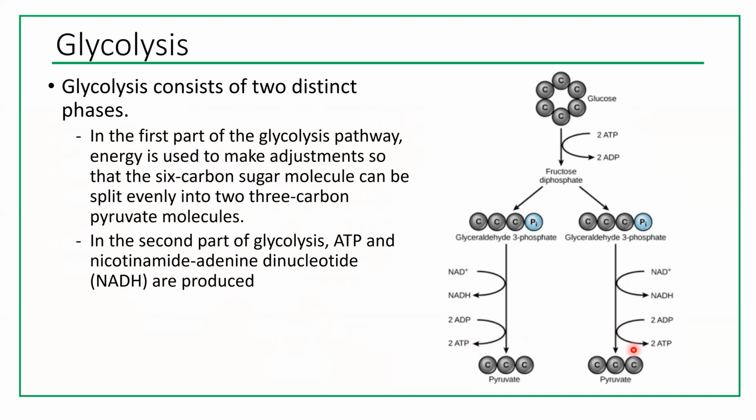So a total of 2 ATP molecules per 1 glucose molecule. And actually, another chemical is synthesized. It's called NADH. And NADH is called the primary electron acceptor.